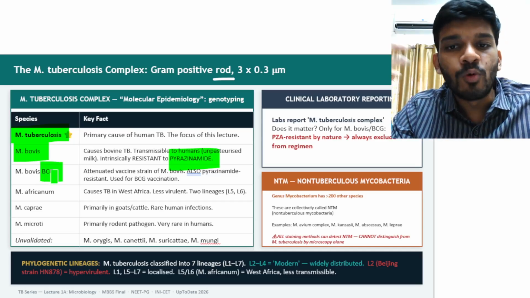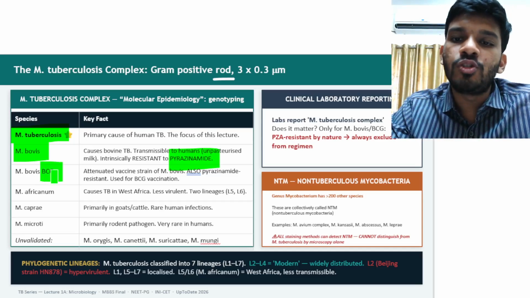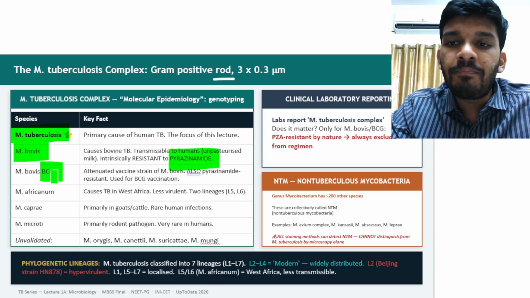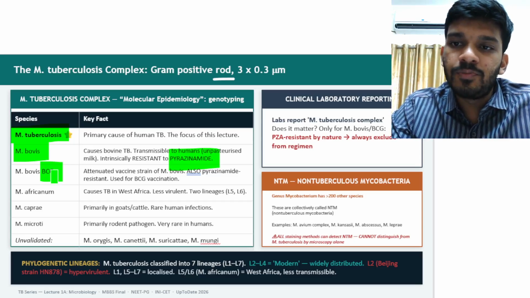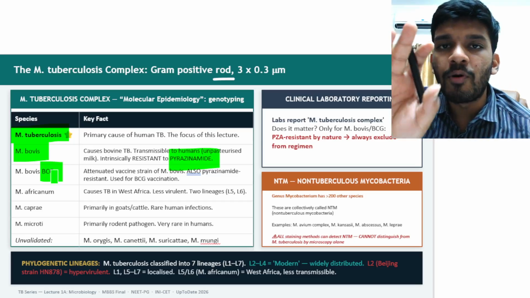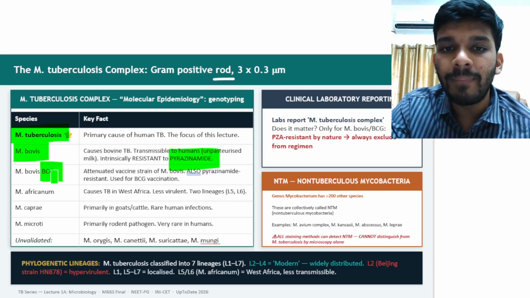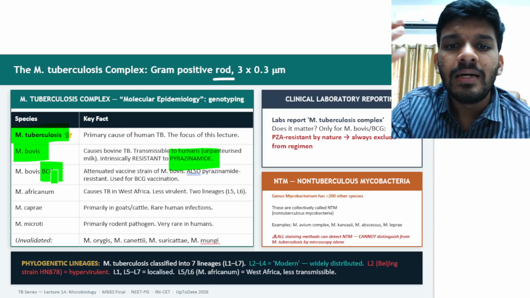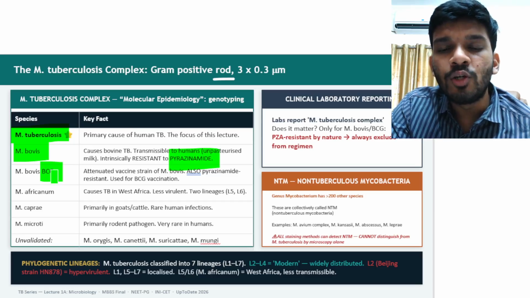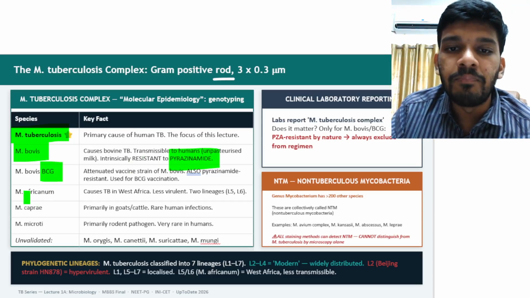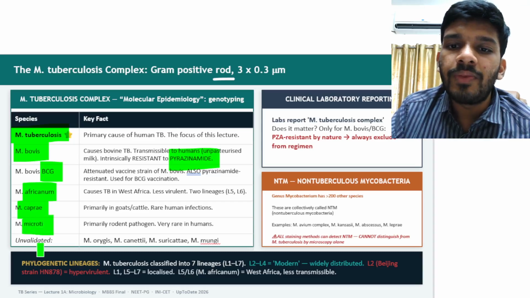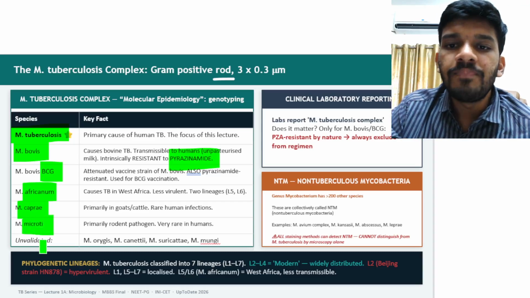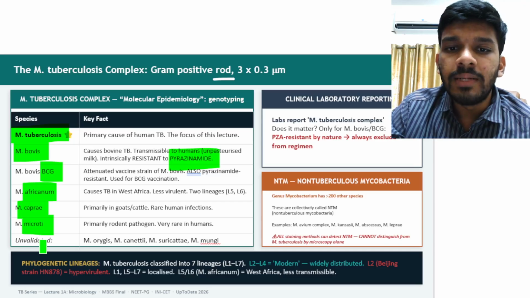So, if you are told that bovis has caused tuberculosis, there is no role of using pyrazinamide in this. So, laboratory will report it as an MTB complex. Only when it is bovis is it pyrazinamide resistant. There are other strains in the tuberculosis complex such as Africanum, Caprae, Microti, right? Other small strains. One or two important points about them.